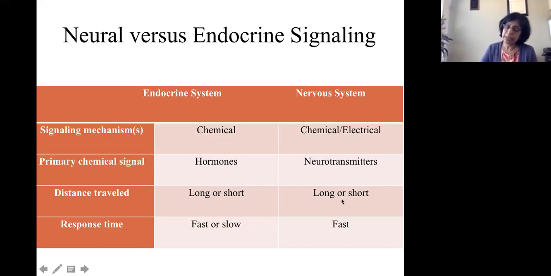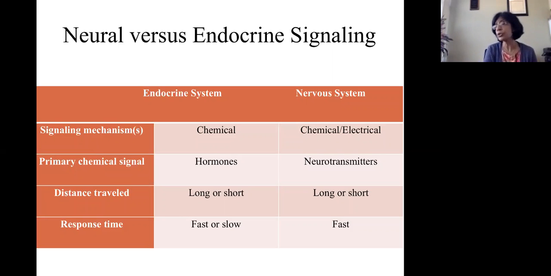It's usually a presynaptic and postsynaptic cell in a synapse, with very little space between the two cells, and the neurotransmitter released binds to the receptor at the postsynaptic cell, and that's how long the distance is. Some neurotransmitters, like epinephrine and norepinephrine, when released into blood, do travel a bit.